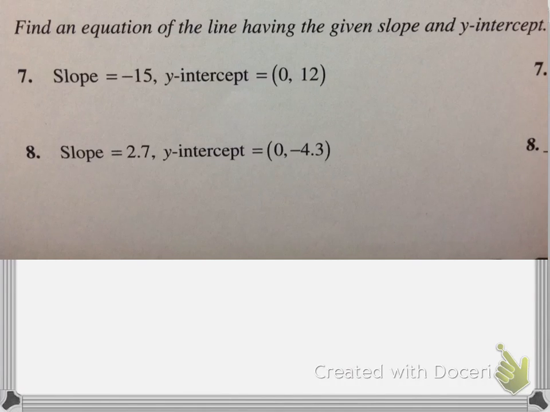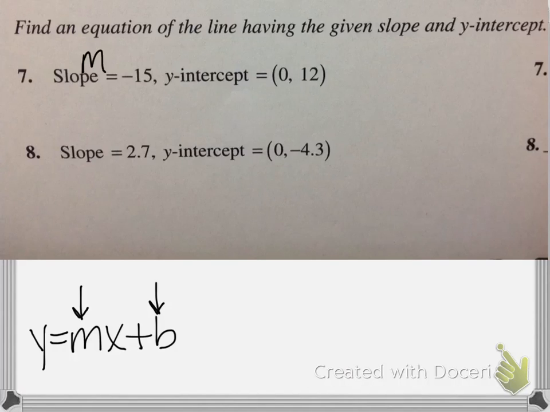So the first few problems we're going to look at, it says find the equation of the line having the given slope and y-intercept. In other words, they want an equation in slope-intercept form, which we can give them if we have an m and if we have a y-intercept. So since I'm given a slope, that's always m, and I'm given a y-intercept, that is always b, this makes it very easy to write an equation in slope-intercept form if they give us the right information.